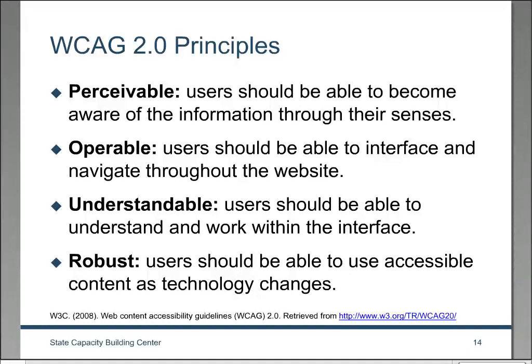Understandable means that users should be able to understand and work within the website provided. An example is to use plain English and avoid highly technical language, or maybe use bullets and lists instead of lengthy text. And finally, robust means users should be able to use accessible content as the technology changes.